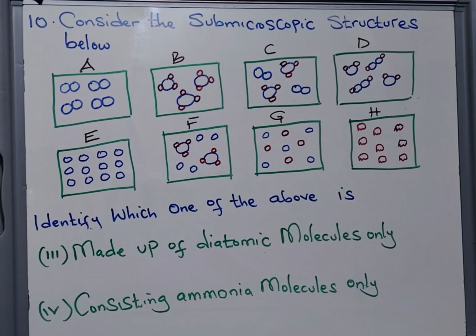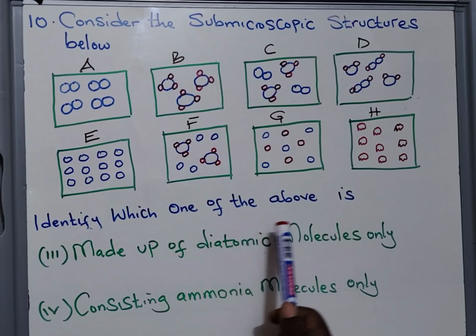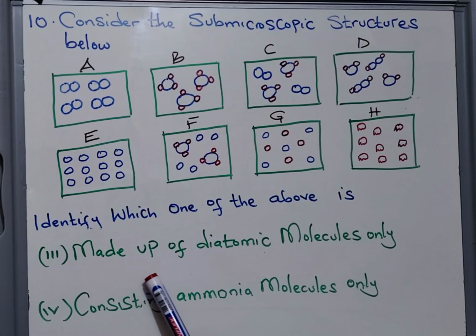So then comes this one saying identify which one of the above is made up of diatomic molecules only. Okay. What we call diatomic molecules are molecules which are made up of two atoms bonded together, two similar atoms bonded together.